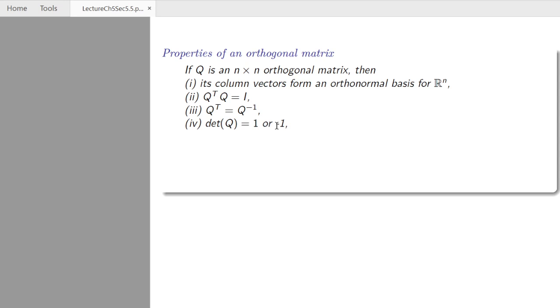We will show this soon. The fifth property is Q1 times the transpose of Q1 plus Q2 times the transpose of Q2, and go this way, plus Qn times the transpose of Qn, equals the n by n identity matrix. Now, this one is an exercise at the end of this section.